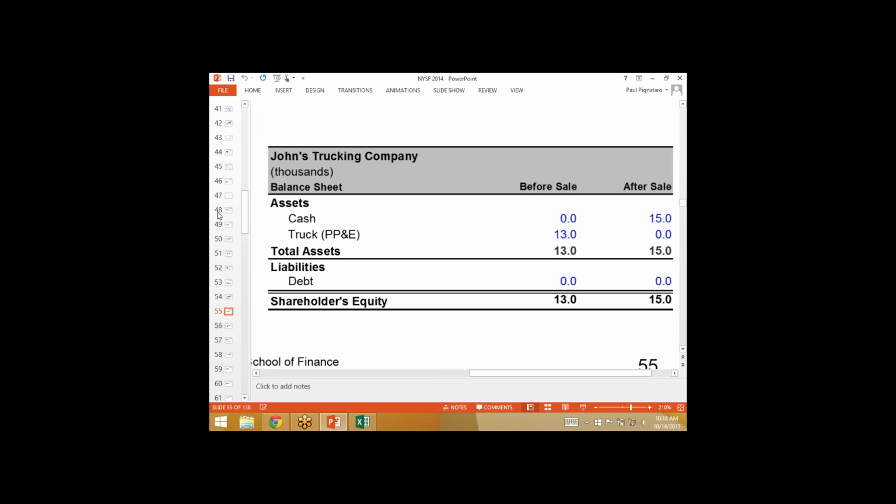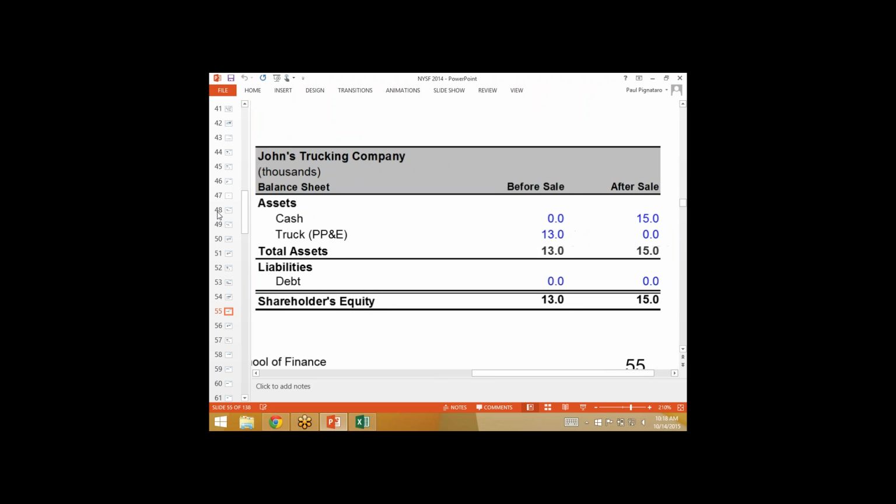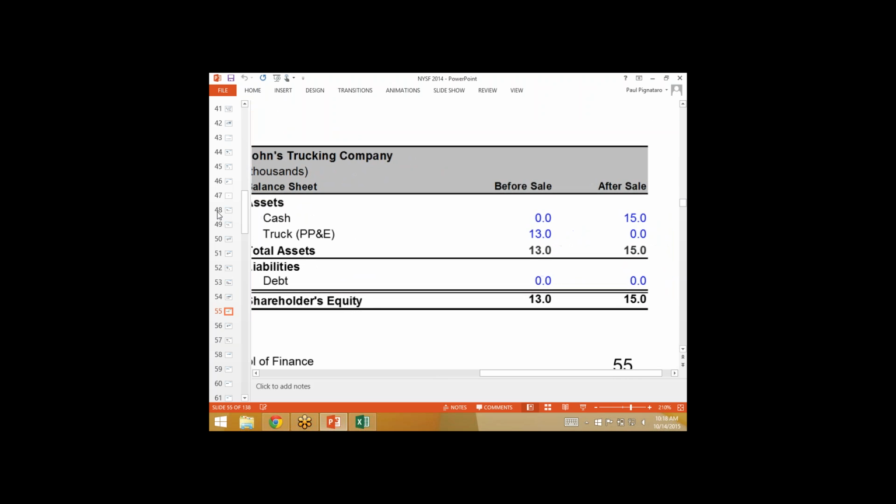The net value of the truck is $13,000. Let's say that the debt's been paid off. So really all we have is the value of the truck and equity of $13,000. $13,000 truck, $13,000 equity. And let's say after the sale, the truck is gone. We have $15,000 in cash, and our equity's gone up by $15,000. That's what we want to see after the sale, right? Somebody's given us $15,000, value of the truck goes away, equity goes up.